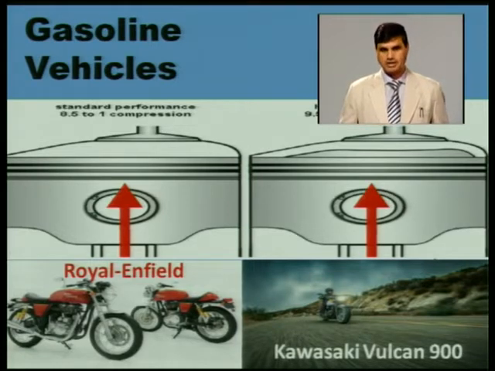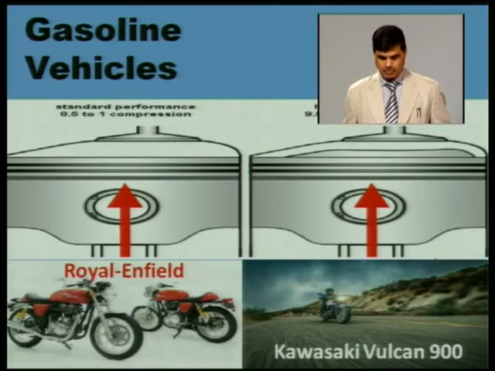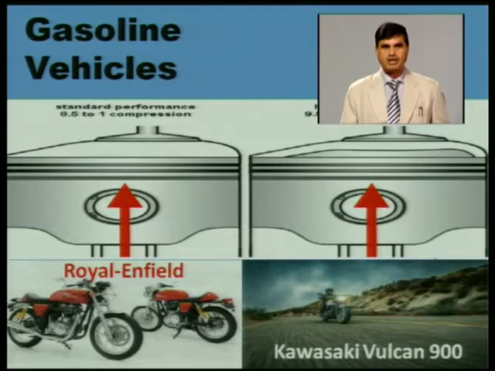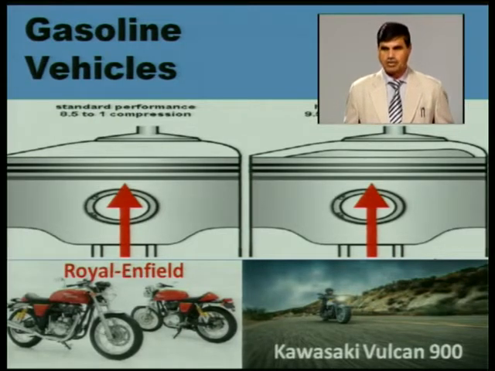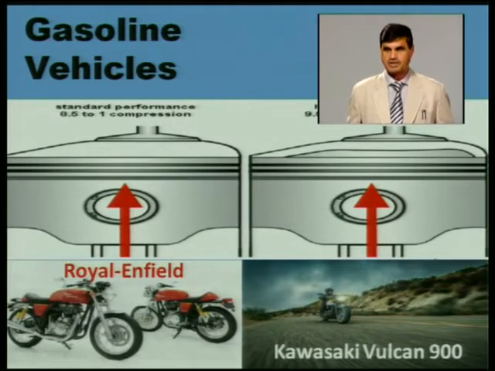But these days we are improving the fuel quality by adding some additives. I will discuss in later lectures that petrol quality can be improved by adding additives, giving a higher octane rating. This means we can increase the compression ratio without affecting the smooth running of the engine inside the cylinder. So that is one example, a compression ratio of 8.5.